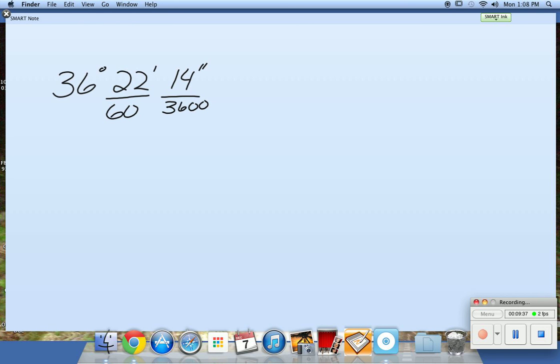Let's take 22 divided by 60. 3.66. I'm going to say 3.67. So I'm going to go 36 plus, I'm going to add these together, 0.367 plus whatever this is, 14 divided by 3600 is 0.00388, so we'll say 0.00389.